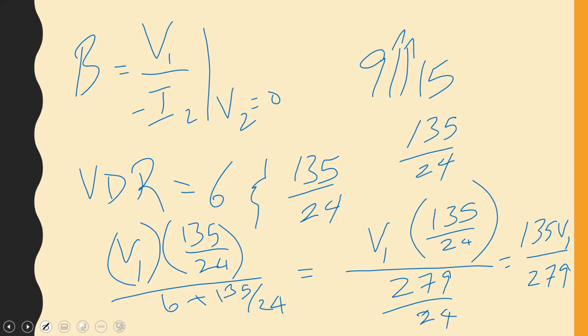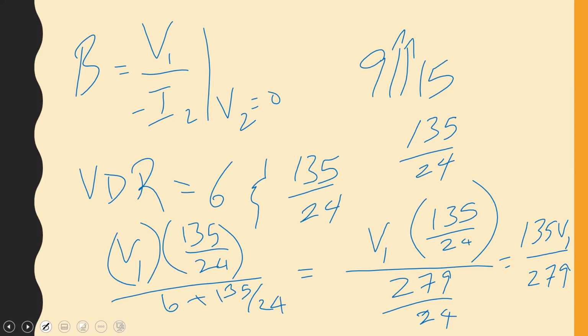And we're dividing that by, what's the impedance? It's 9 ohms, in order to get I2, minus I2. Sorry, the rain is pounding. 9 ohms, sir. So it's 135 over 279, V1 divided by 9.